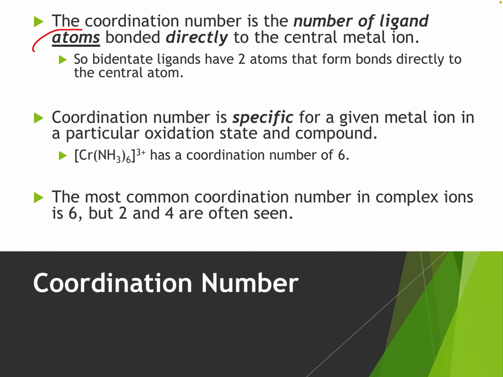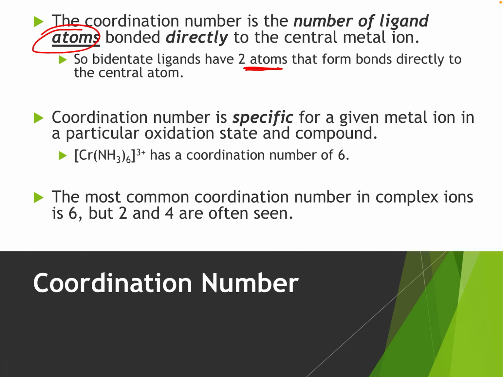I want to note that I underlined the word atoms because sometimes we will have bidentate ligands and those will have 2 atoms that are bonding directly to the central atom. So you can also think about this as the number of bonds going directly to the central metal atom, like how many bonds are being formed total between the ligands and the metal.